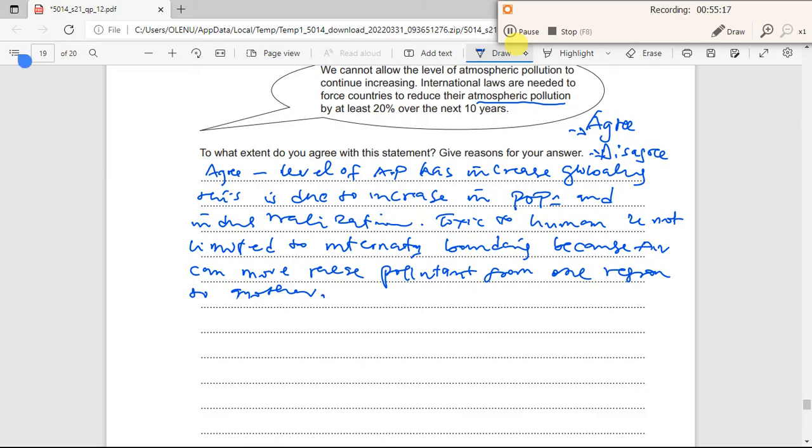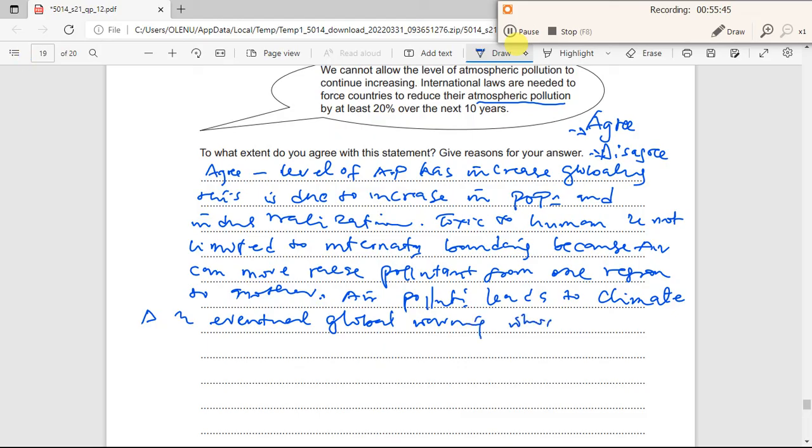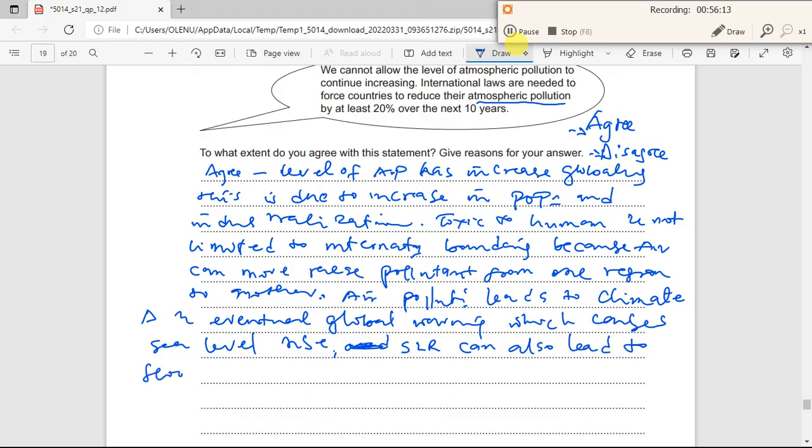You get it? So this air pollution leads to climate change and eventual global warming, which causes sea level rise, and this sea level rise can also lead to flooding, destruction of land, which can cause food scarcity.